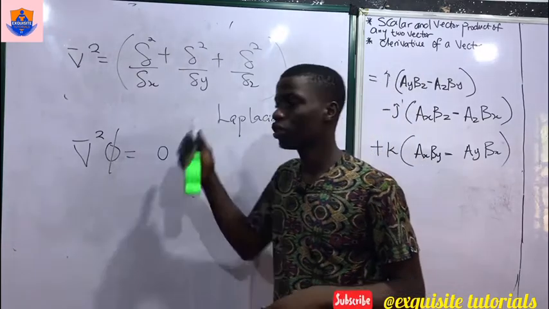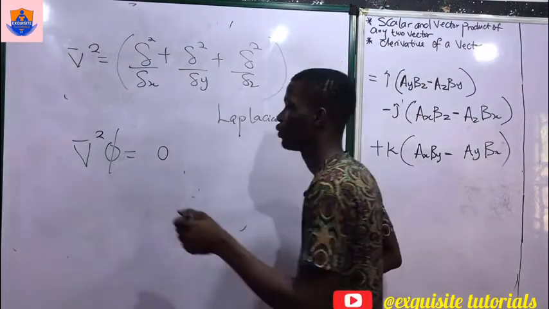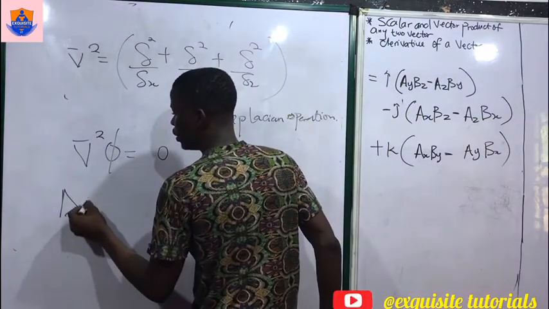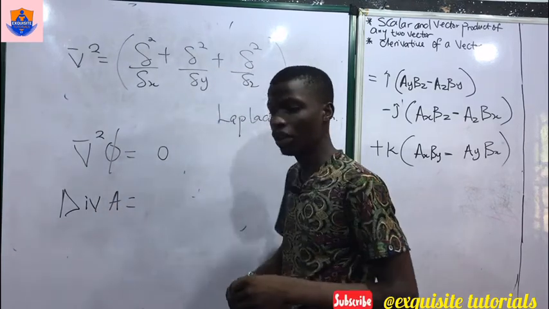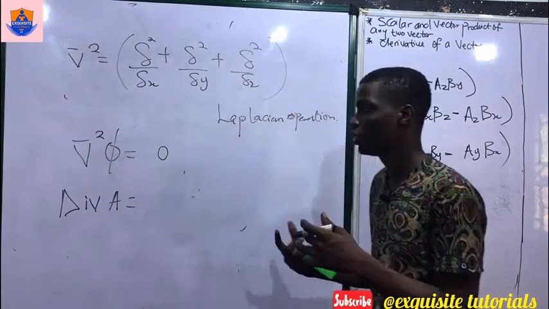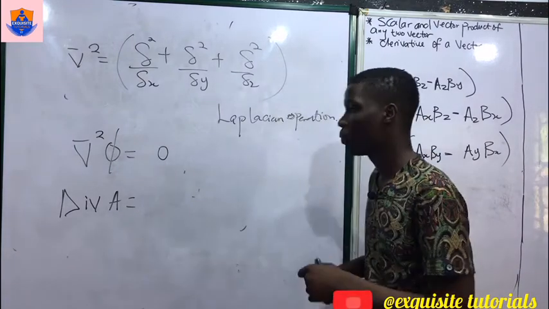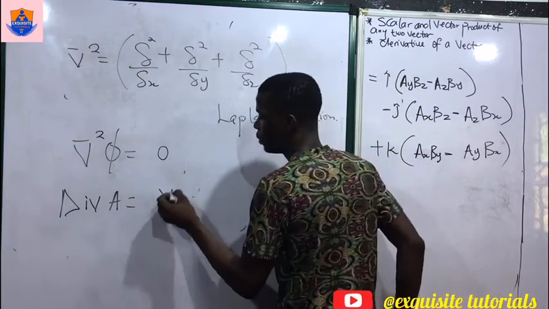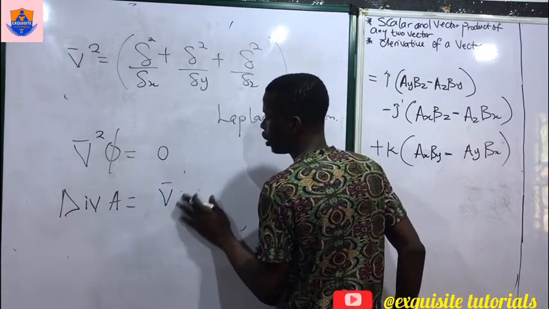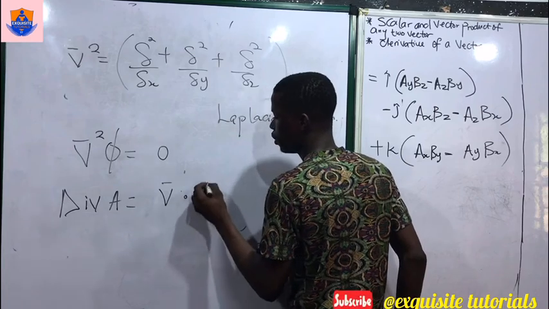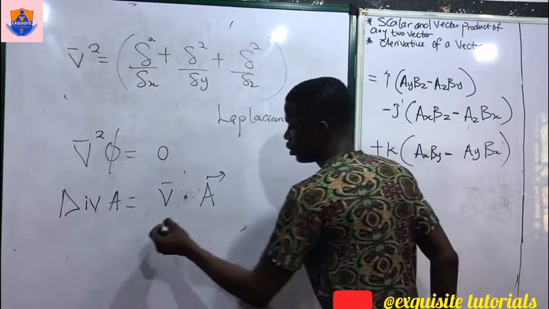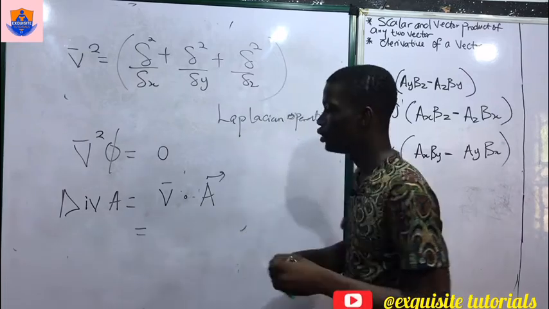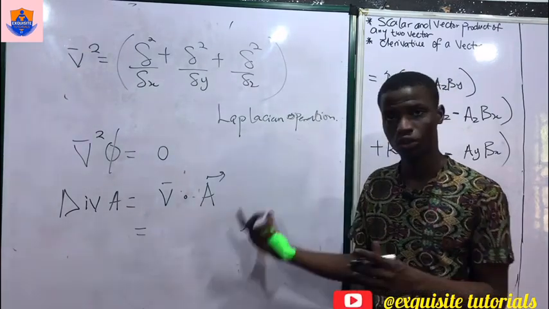Then I will now be talking of the divergence of a vector A. How do I diverge a vector? If I'm trying to get the divergence of a vector A, then I'll be taking my del operation dotted with the vector itself.